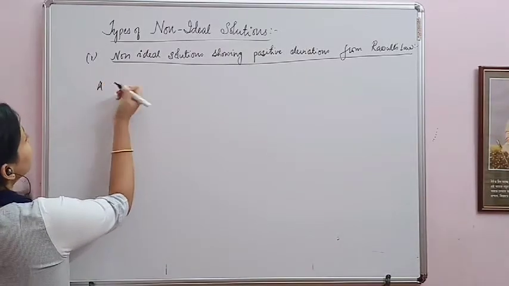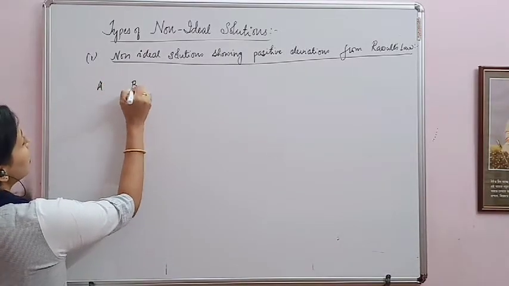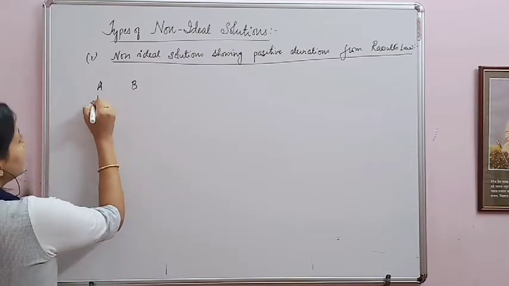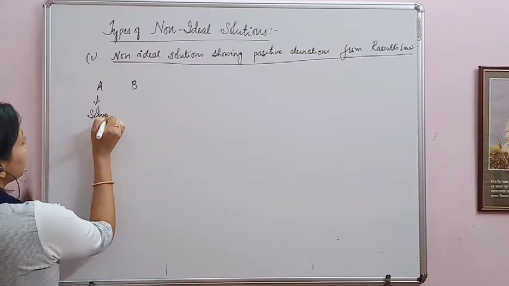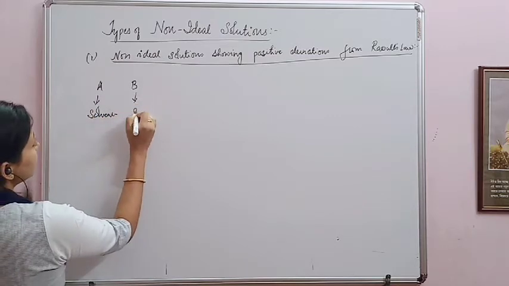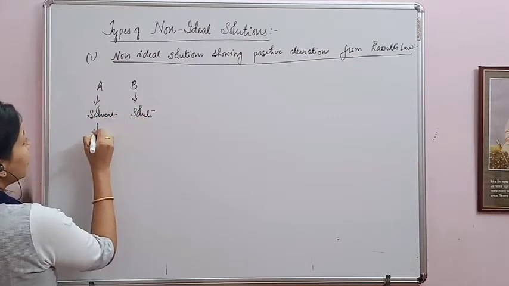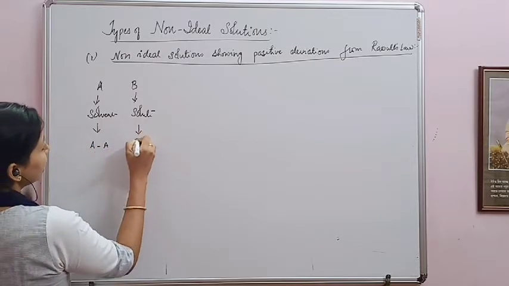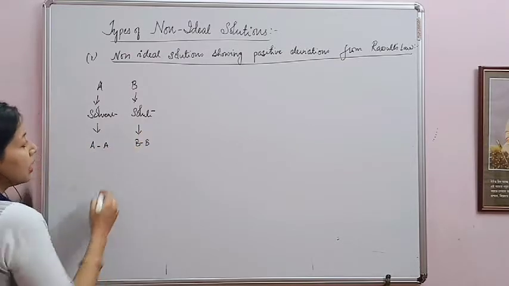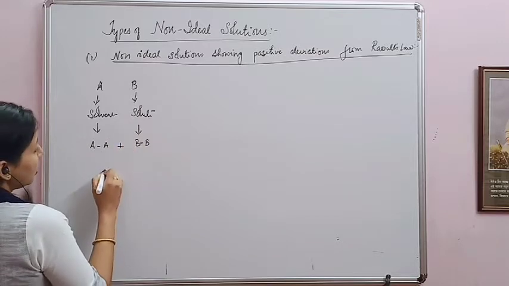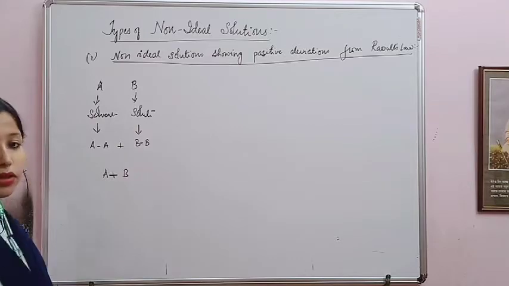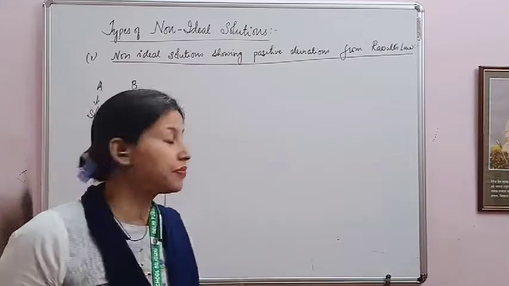Again, we'll consider a solution made up of two components, A and B. This is my solvent and this is my solute. They have their own individual interactions, that is AA and BB. When you mix them, you expect that the solute and solvent molecules will interact.